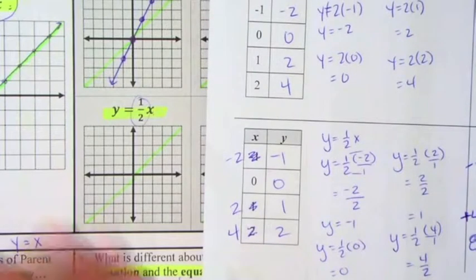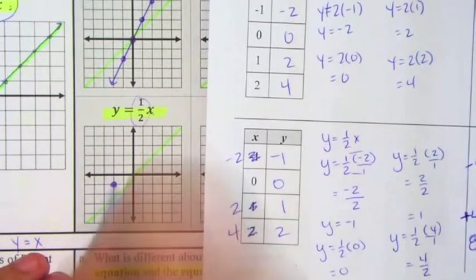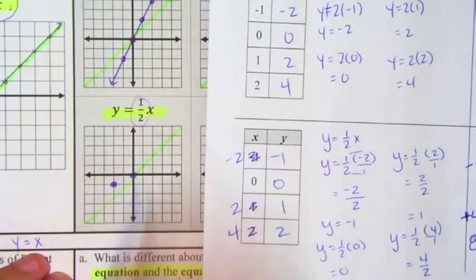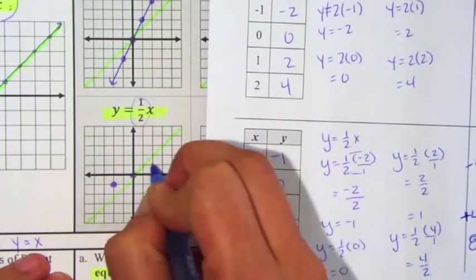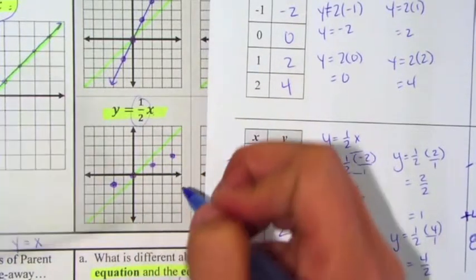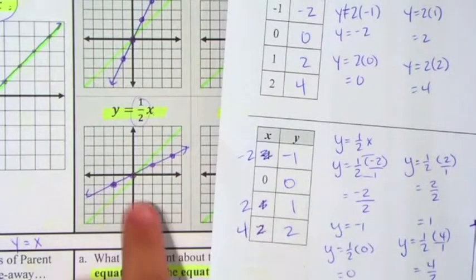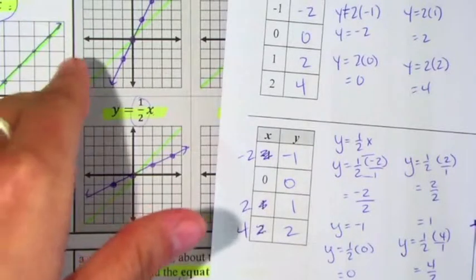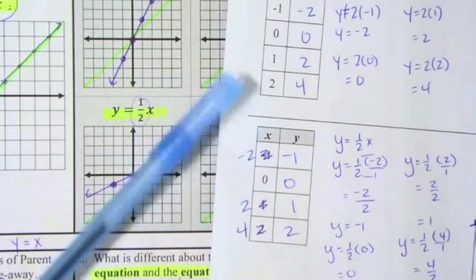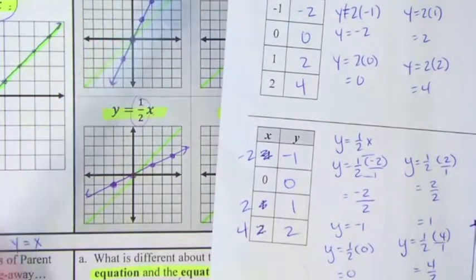So then to graph this, -2, -1, 0, 0, 2, 1, and 4, 2. So what you might notice is it's still rotating around the 0, but it's gotten flatter. It was like this, now it's like this. This one was like this, and now it's like that.